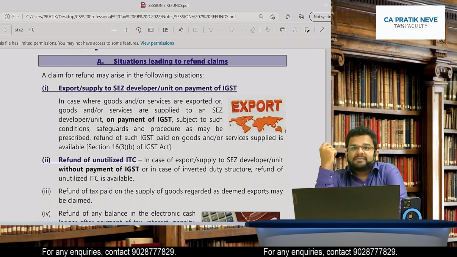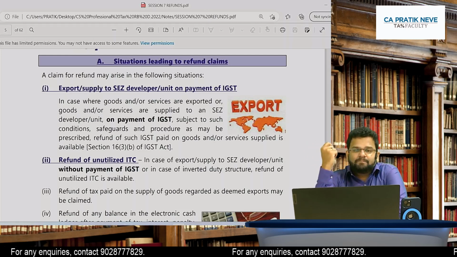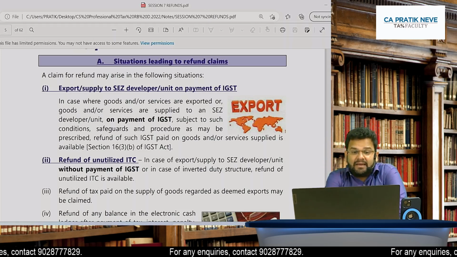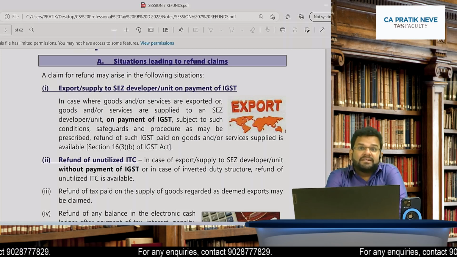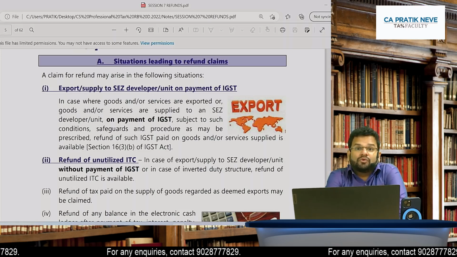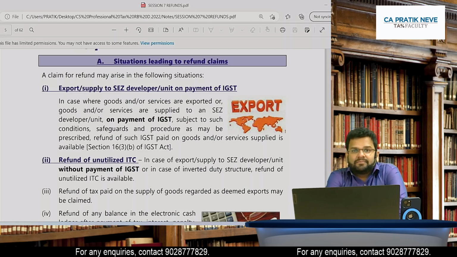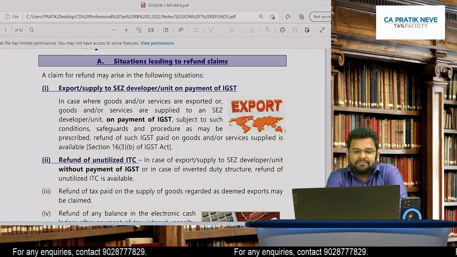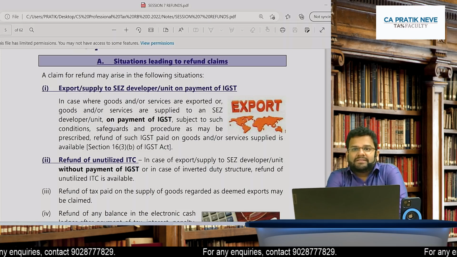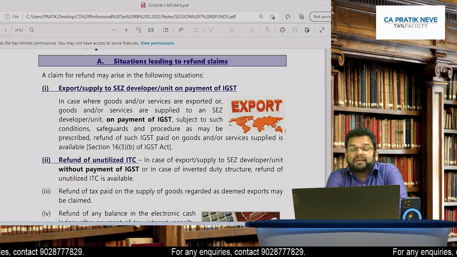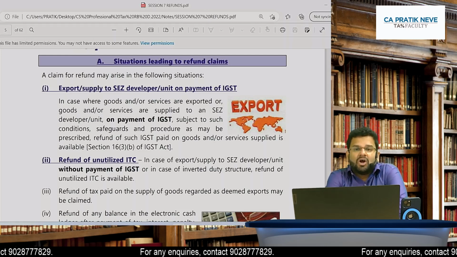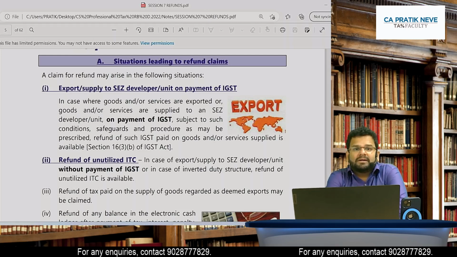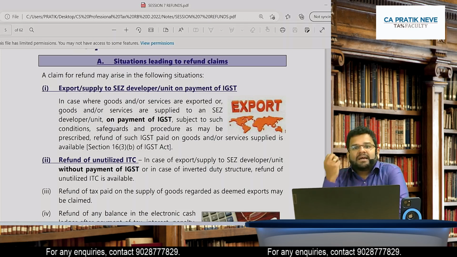Obviously it's an interstate supply, and if you are paying IGST on this, then you are getting a refund of that IGST. Did you get the point? So basically it's a zero rated supply. There are two options available, friends, here. Option number 1 is you don't pay any GST and you claim a refund of entire.